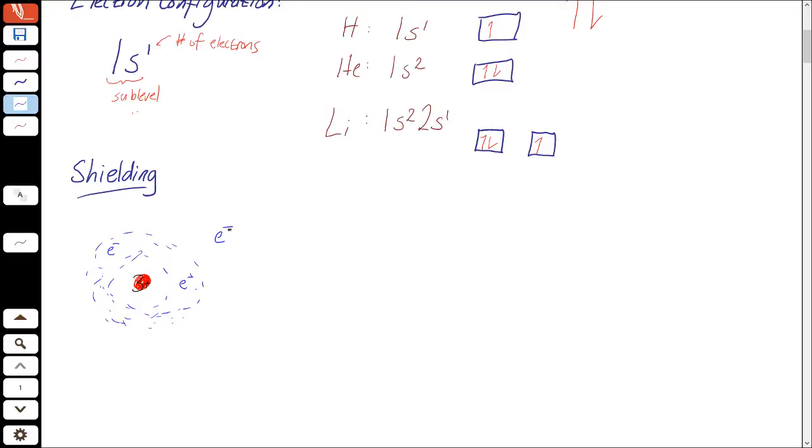So we would say that this electron experiences shielding, meaning that the other electrons kind of block some of that nuclear attraction from it.